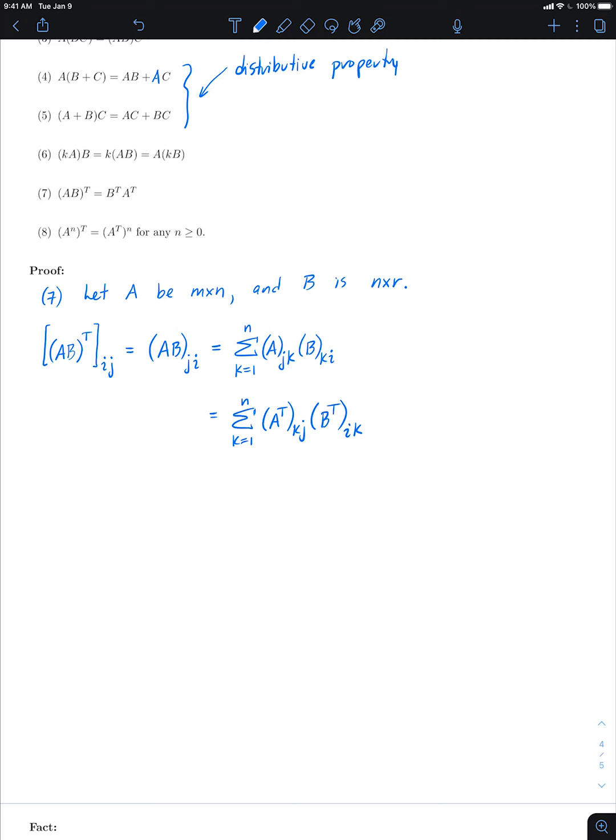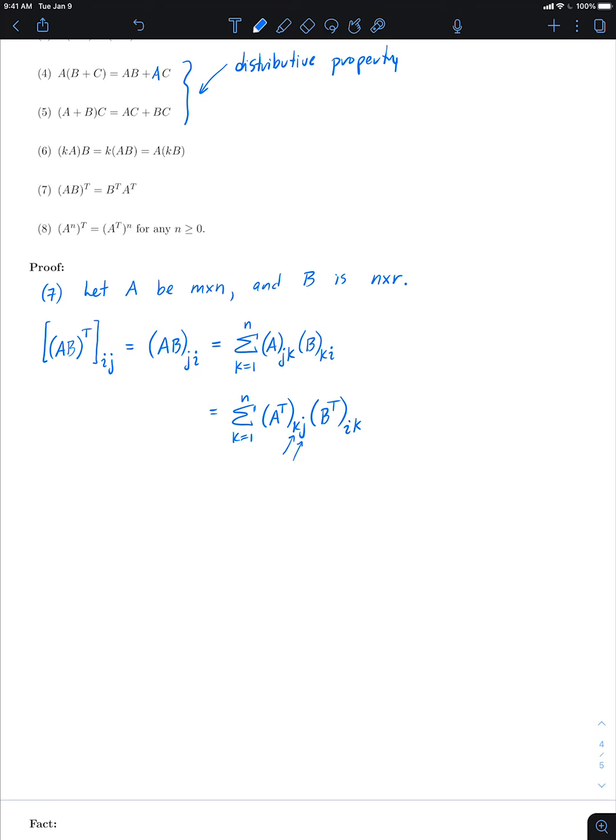If you think of these as four indices, the two inside ones were k. But in our situation, I hit undo one too many times. This k should be here. In our case, we've got four indices, and the k's are actually the two outer ones, if you were to put them in a row. The two outside ones are k. So it's not quite looking like the definition of matrix multiplication.